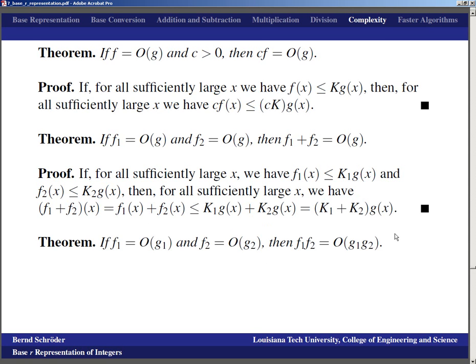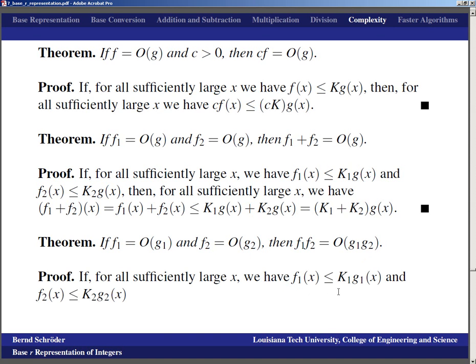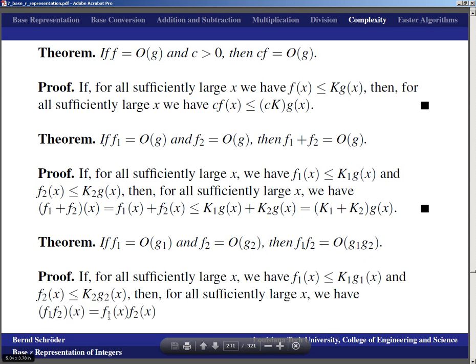And finally, I think we're going to talk about multiplication also. So if f1 is O of g1 and f2 is O of g2, then the product is O of g1 times g2, and it's the same story. If f1 is bounded by k1 g1 and f2 is bounded by k2 g2, then the product f1 of x times f2 of x, for all sufficiently large x, is bounded by k1 g1 of x times k2 g2 of x, and that's just a number, namely k1 k2, times g1 g2 of x.